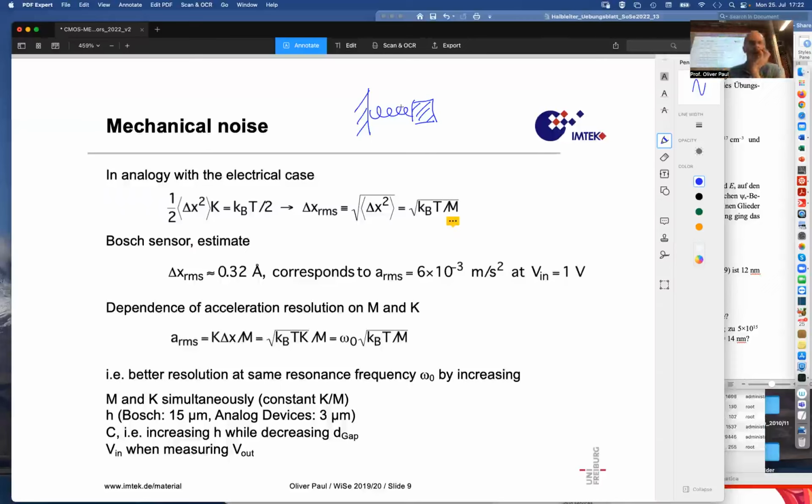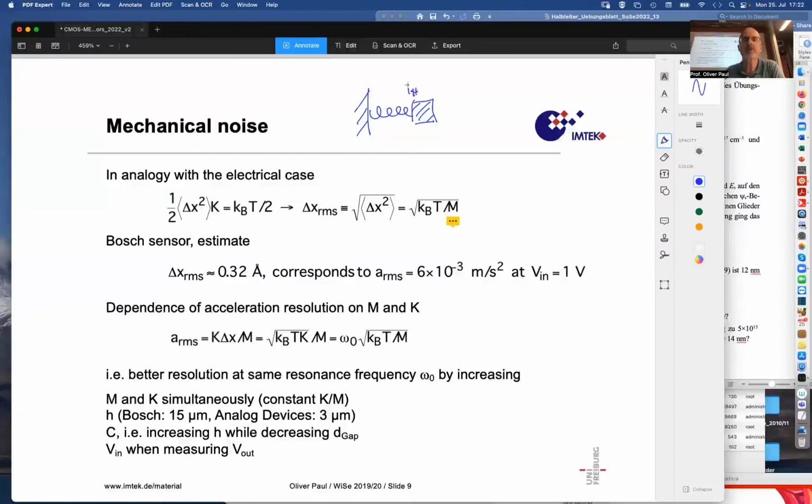And that's a thermal phenomenon that is modeled again by a potential energy in the spring, K times delta X squared on average, 1/2, must be equal to the same KBT half that we have just seen before. So you can estimate the root mean square shakiness of your mass.